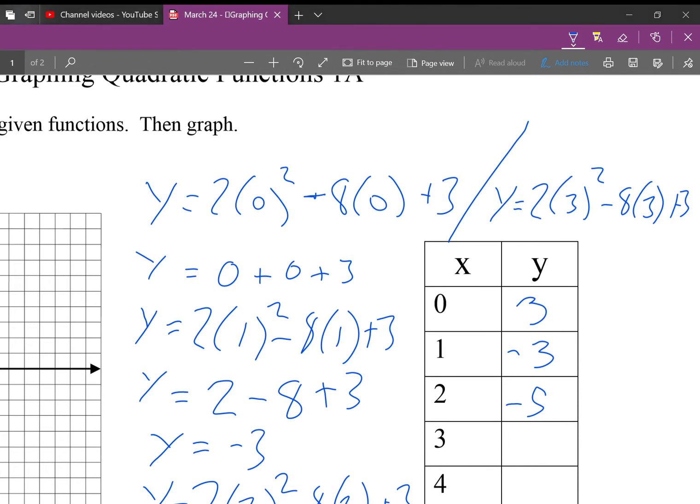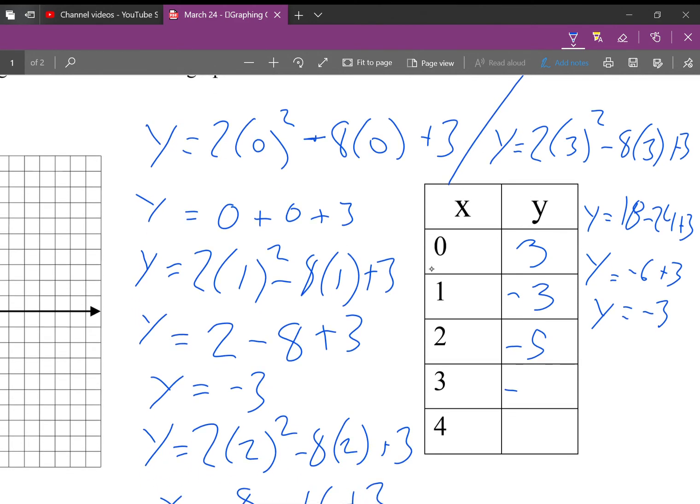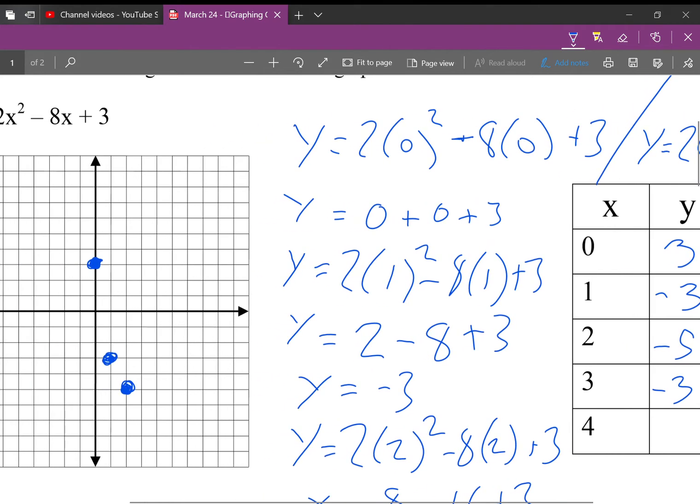And I'm going to get what? 3 squared is 9, and 9 times 2 is 18, so y equals 18. Negative 8 times 3 is negative 24, and plus 3. 18 minus 24 is negative 6. Negative 6 plus 3 is negative 3. That's my y value here, negative 3. Another point, 3, negative 3. From the origin, 1, 2, 3 over, 3 down as well.